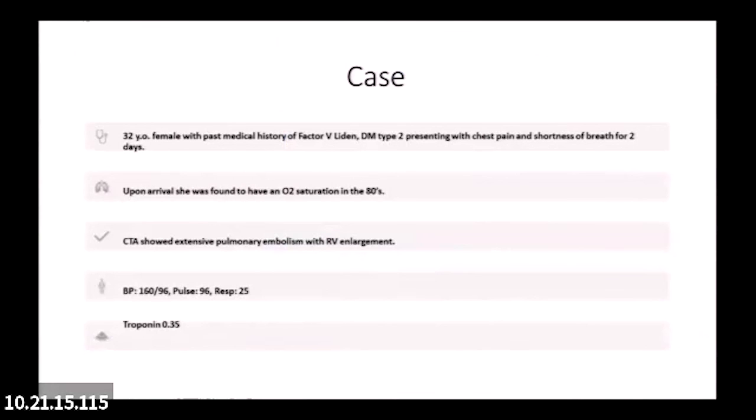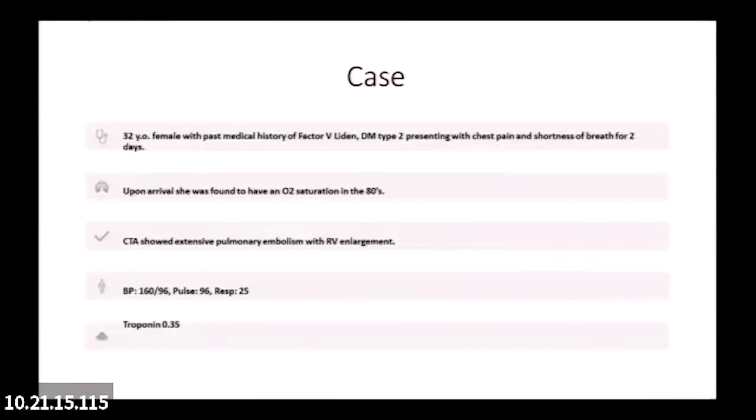So this is a 32-year-old female with a history of factor V Leiden and type 2 diabetes, who presents to the ER with chest pain and shortness of breath for 2 days. On arrival, her O2 saturation was in the 80s. CT showed extensive pulmonary embolism with RV enlargement.